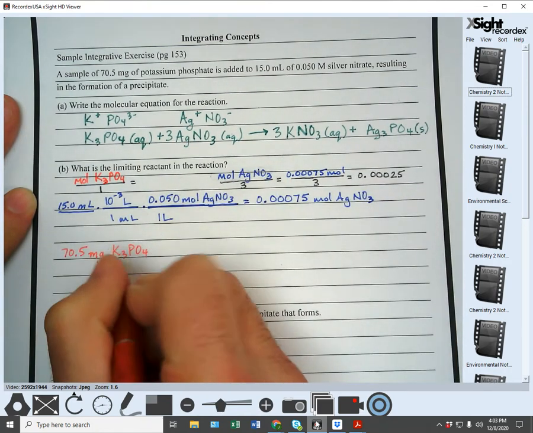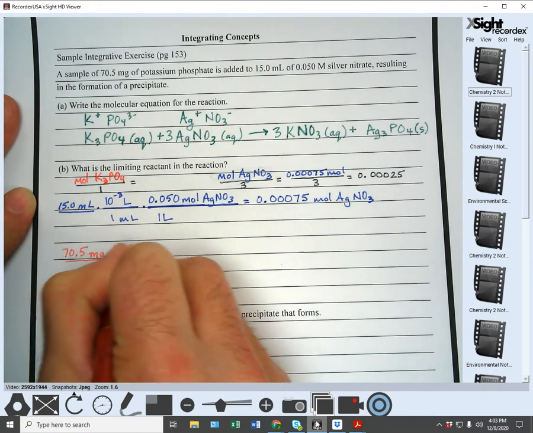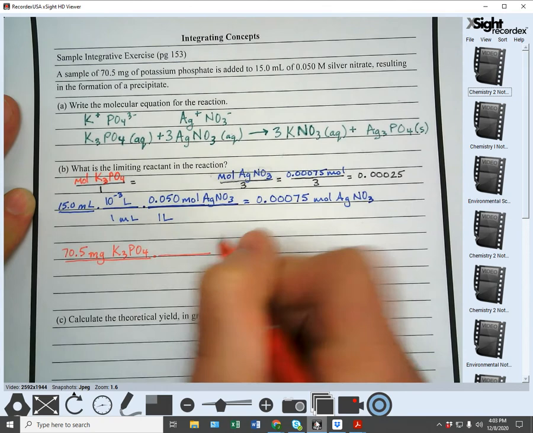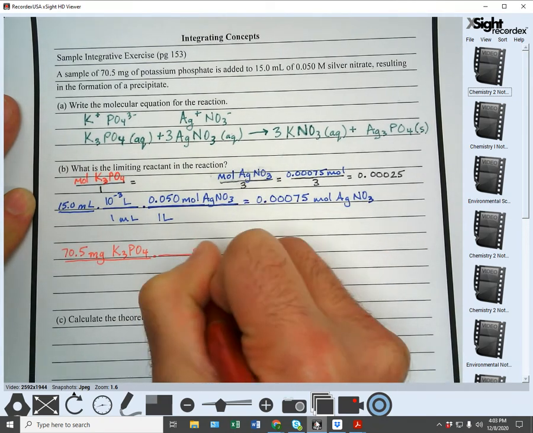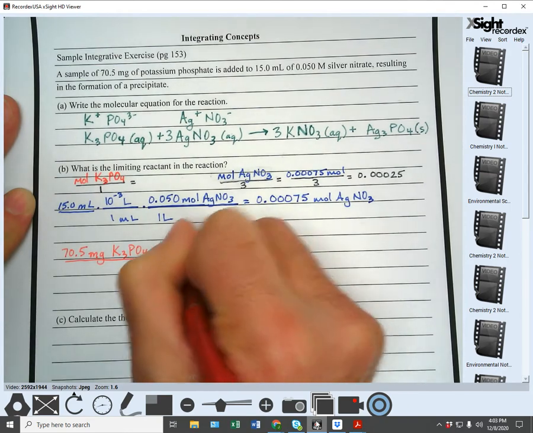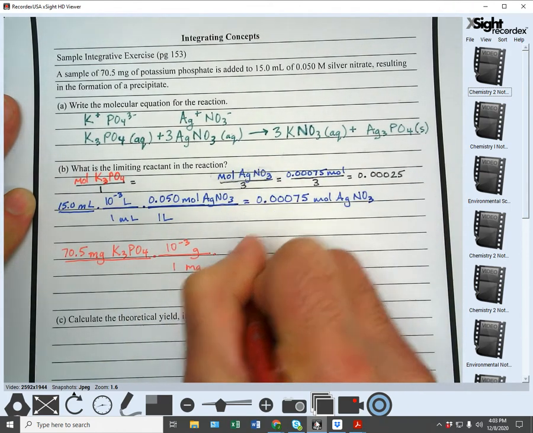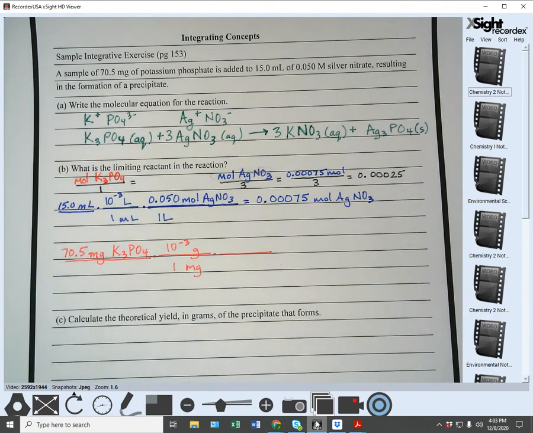All right, and we are going to change milligrams to grams. Then we are going to go from grams to moles. Okay, K3PO4.